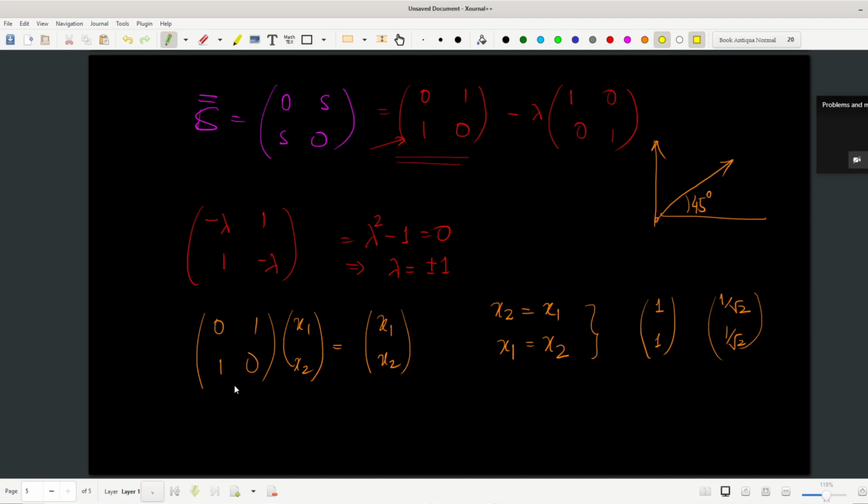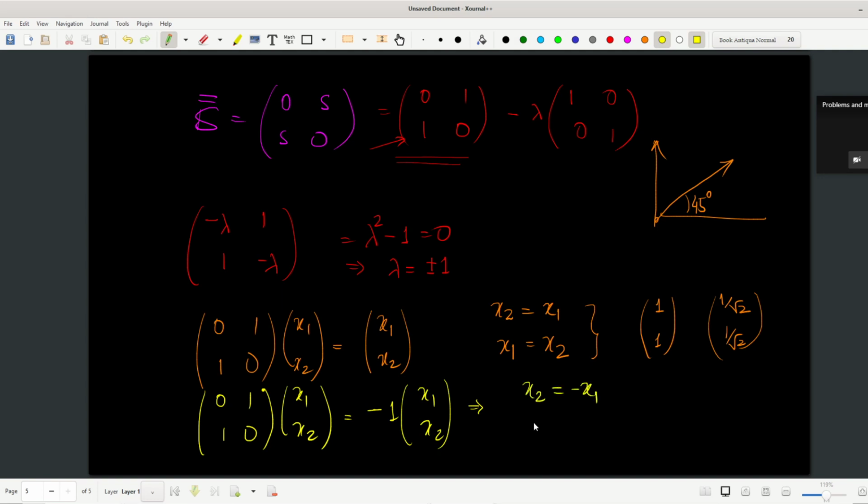And what about the other eigenvector? So it is this times x1, x2 is equal to minus 1 times x1, x2. So the first expression gives us x2 equal to minus x1, and the second expression gives us x1 equal to minus x2.